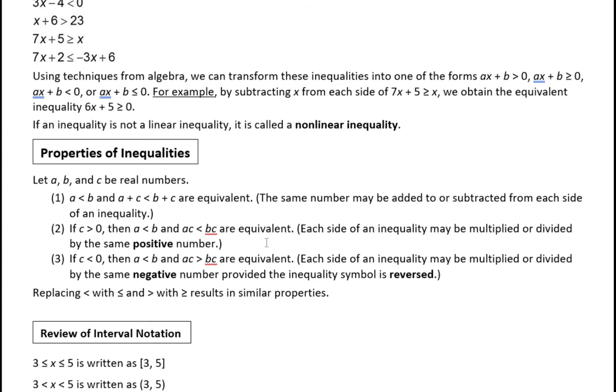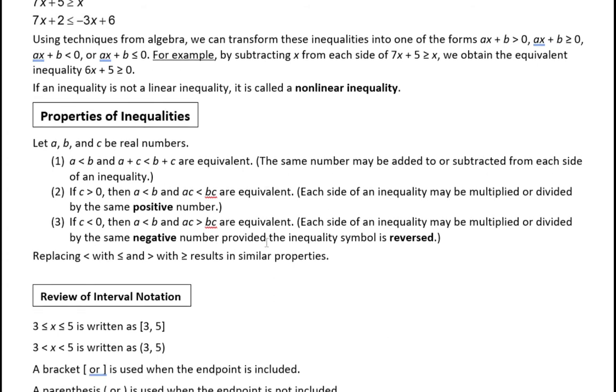But there's one important property of inequalities: if you multiply or divide by a negative number, the direction of the inequality is reversed. For example, a is less than b, and if you multiply that inequality by a negative number, then the less than becomes greater than. It's simply reversed. You will see that in examples.